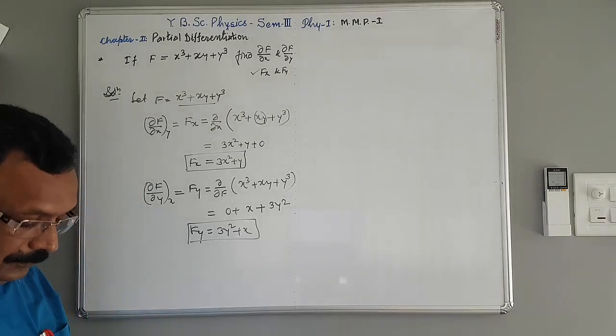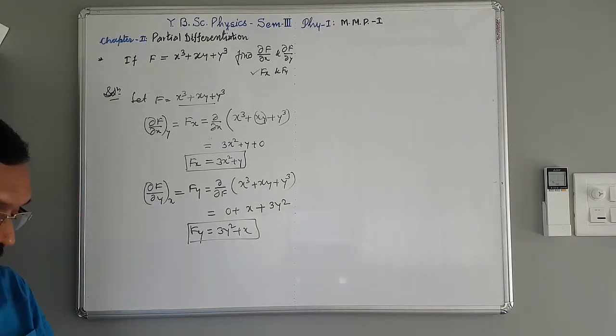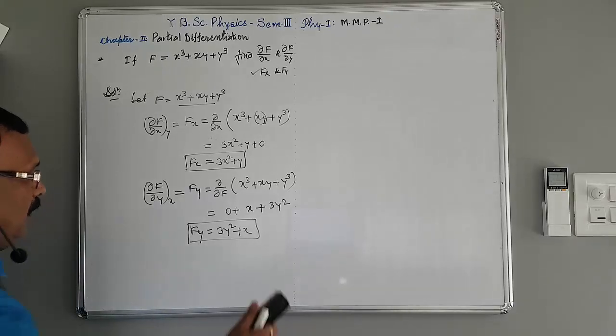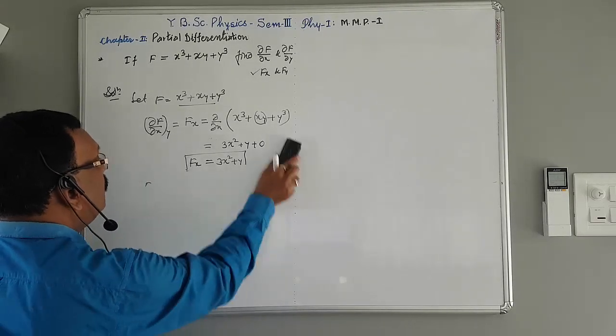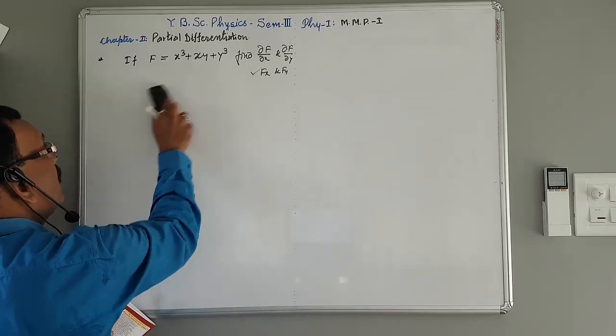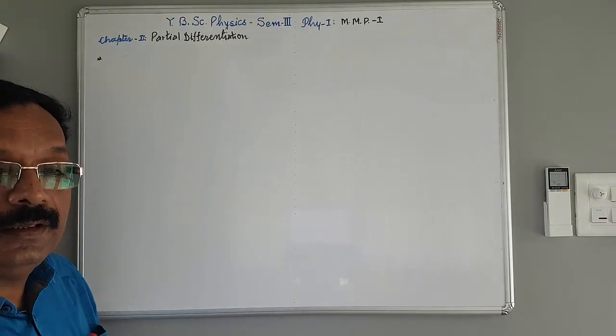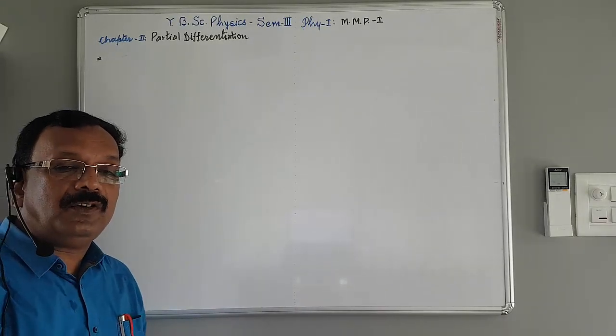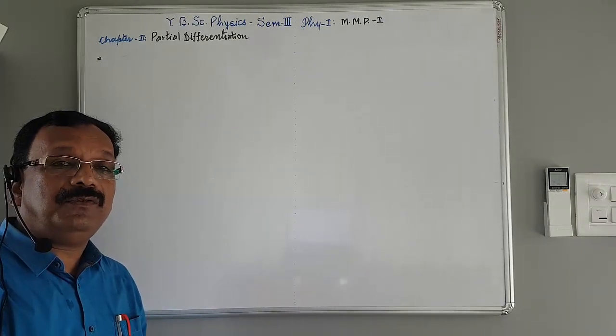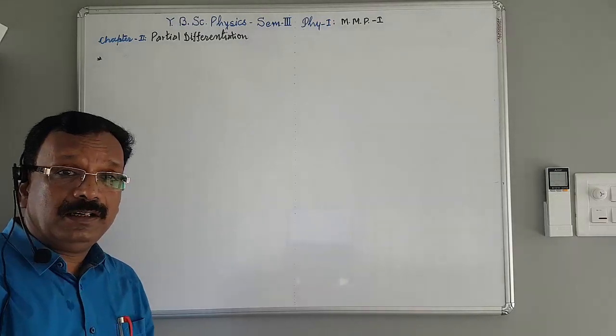Now see one more problem. Before studying the next problem, we have to study the higher order derivatives. Up to this point, we studied the first order derivative of a given function. Now we have to find the higher order derivatives.